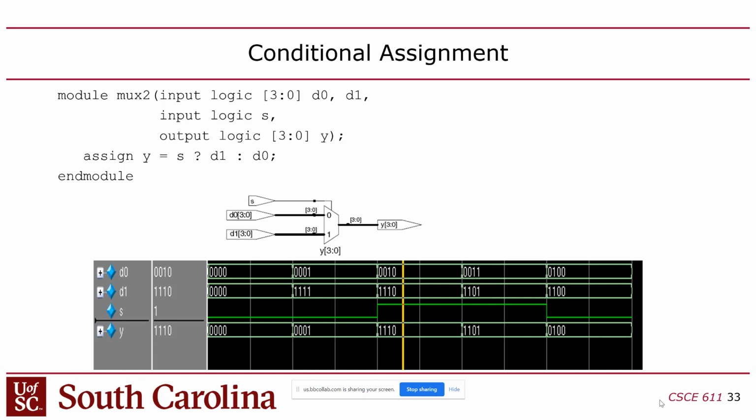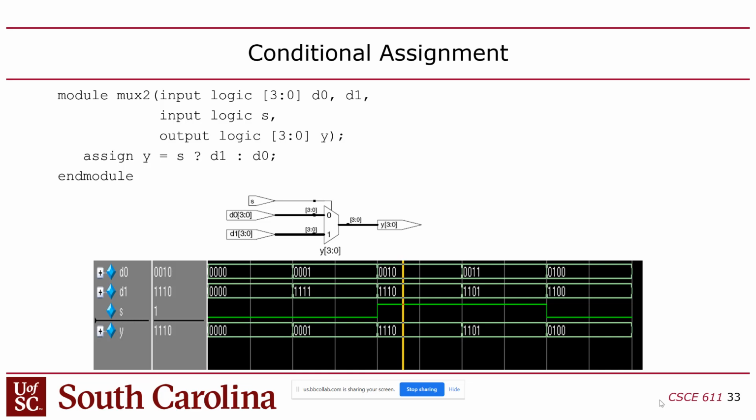So that corresponds to the select input on the multiplexer, if you guys remember the multiplexers from 211. And then you can say d1 if s is true, colon d0 is what you get if s is false. So basically what this is doing is you're driving y with either d1 or d0 based on the value of s, right?